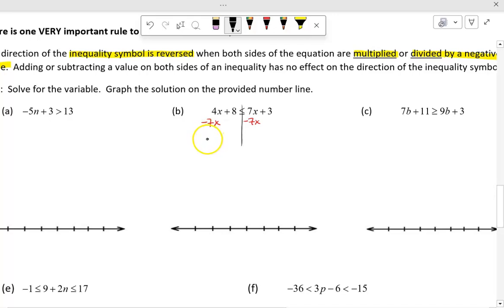But again, I'm going to show you this special trick, so I am doing it this way. The next thing I'm going to do is get rid of the +8 by subtracting 8 on both sides. And I have -3x is less than or equal to 3 minus 8, which is -5.